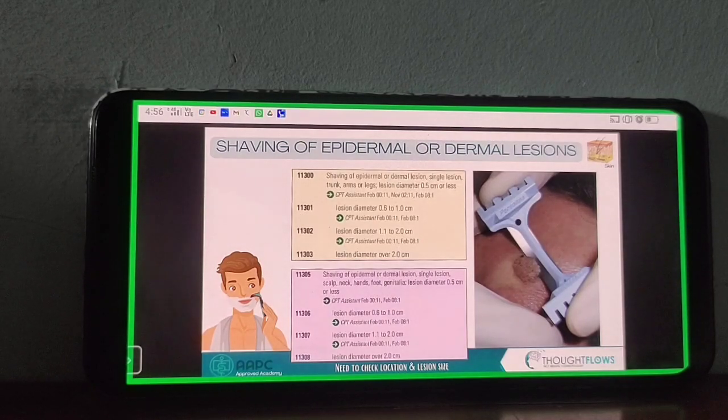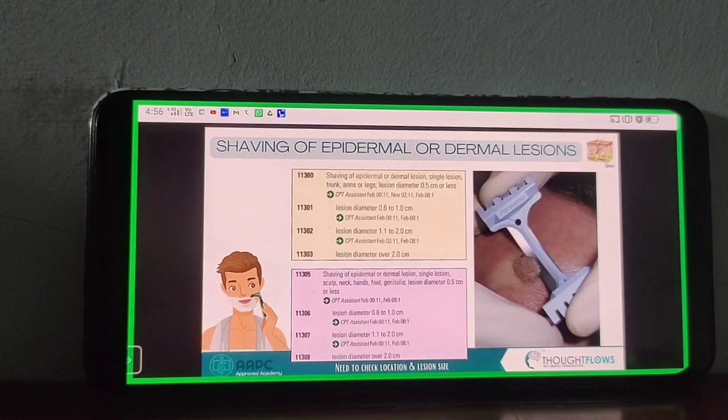Comparing 1 and 2, which one is the highest value? 2. So first we should report the code for the 2 centimeter. For leg 2 centimeter, 11302. For trunk 1 centimeter, 11301.